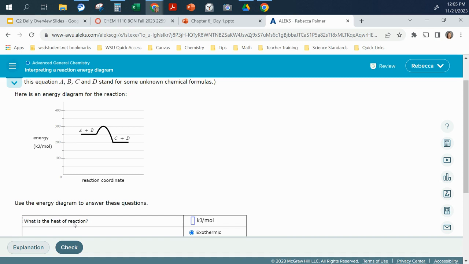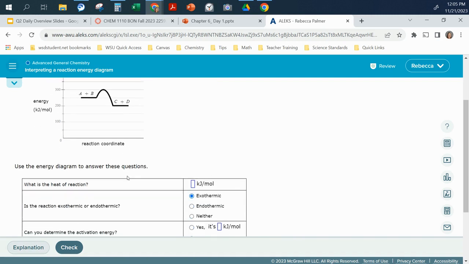So wherever our products are, we're going to take that and then subtract our reactants. And so the sign matters here. Here, our products are 200. It looks like the reactants are 250. So products minus reactants: 200 minus 250 is what? Negative 50.